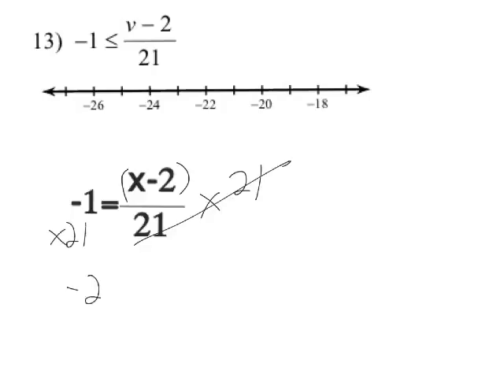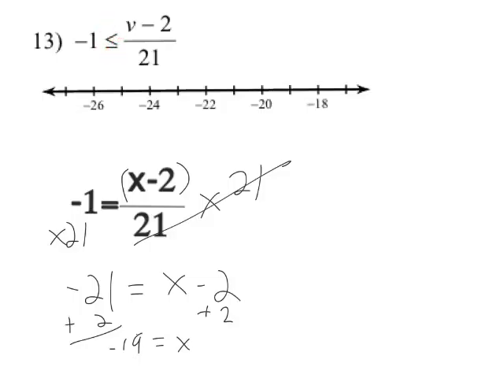So now I've got negative 21, because a negative times a positive is a negative, equals x minus 2. Need to get the x by itself, so I'm going to add 2. Different sign, subtract, so I'm going to have a negative 19, keeping the sign of the higher number, equals x. Now I'm going to go back and look at my inequality sign.